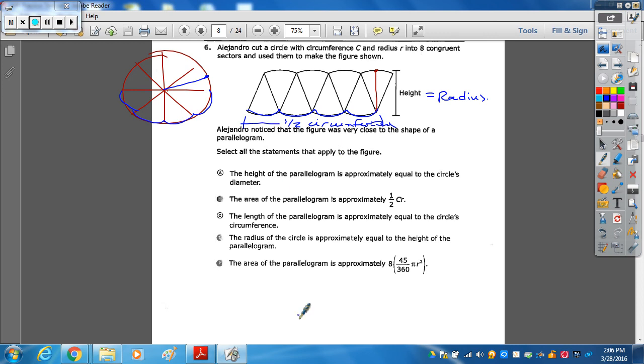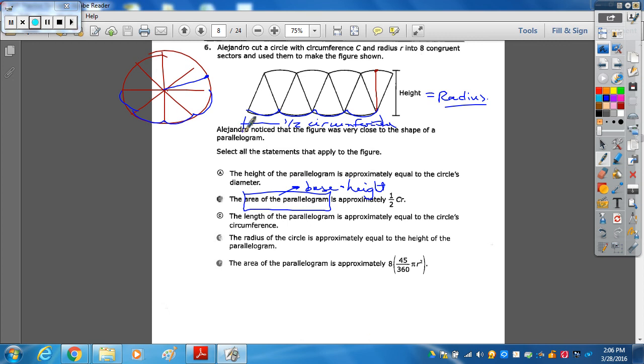All right, and so as we look down through here, the height of the parallelogram is, well, hopefully you read the whole problem. The height of the parallelogram is approximately equal to the circle's diameter. Well, that's not true because we already proved that. The area of the parallelogram, which remember is going to be base times height. Okay?